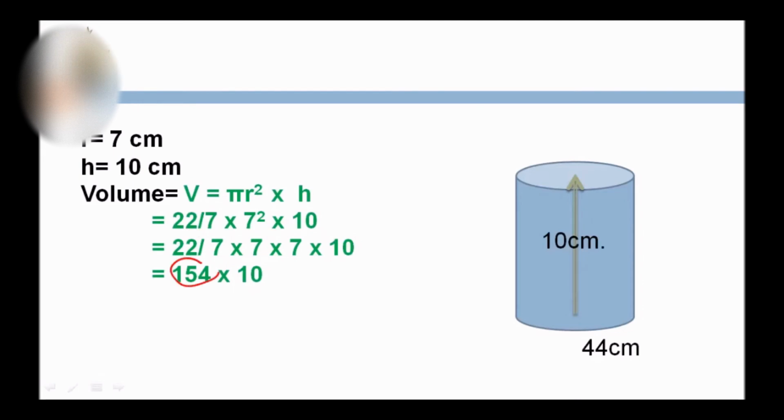We get 154. Now multiply 10 with 154 and we will get 1540 centimeter cube. This is the volume of right circular cylinder.